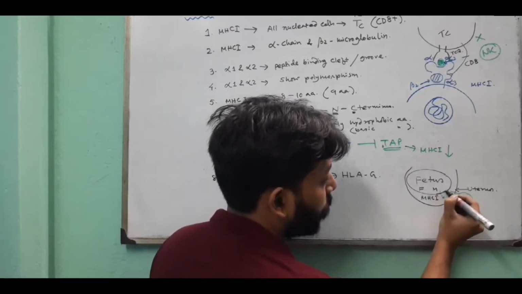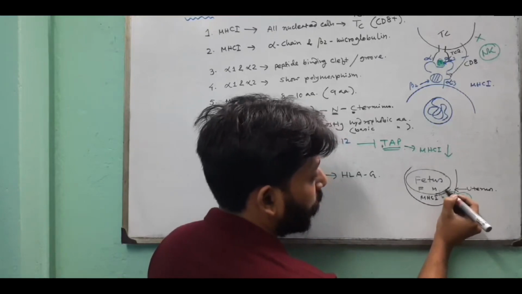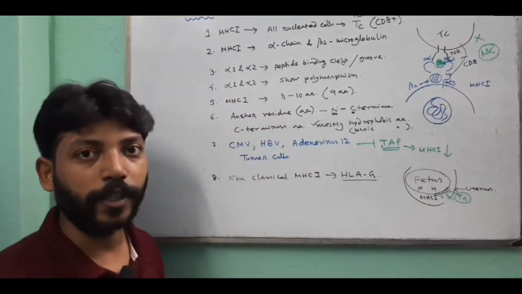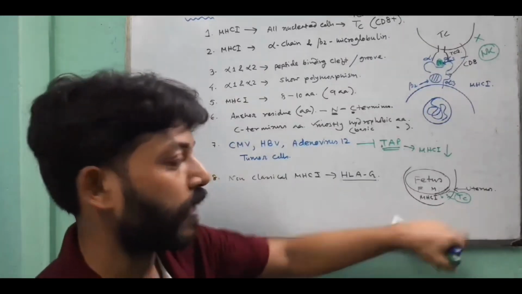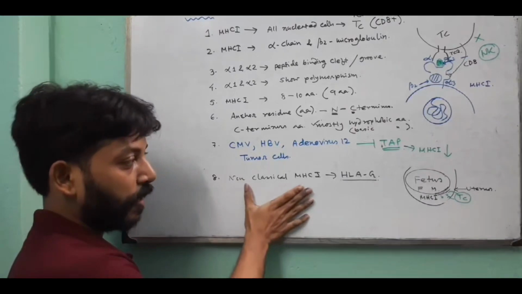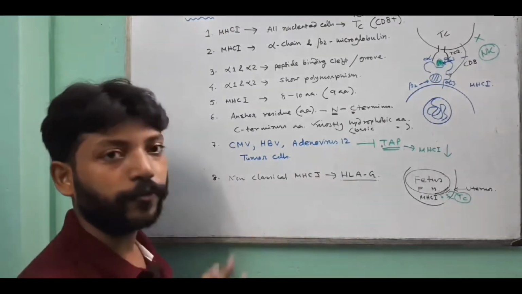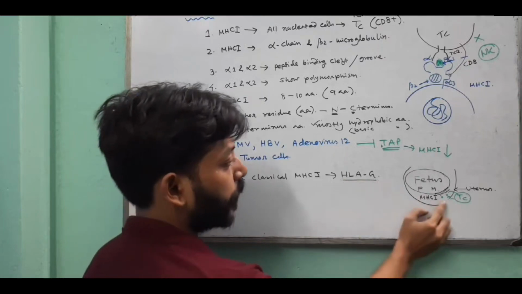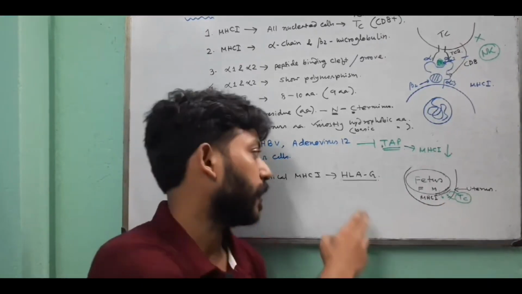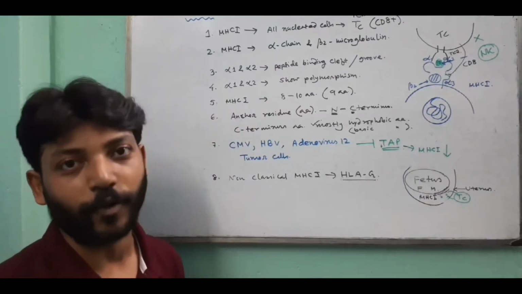So if this is the fetus interface and this is the mother interface, the fetus cells start to express a non-classical MHC molecule that cannot be recognized by the cytotoxic T cells. So this is one example of a non-classical MHC molecule that performs a very important role during the development of the fetus. When this molecule represents paternal antigen, the cytotoxic T cells cannot recognize this type of MHC molecule. So the fetus is not recognized as foreign.